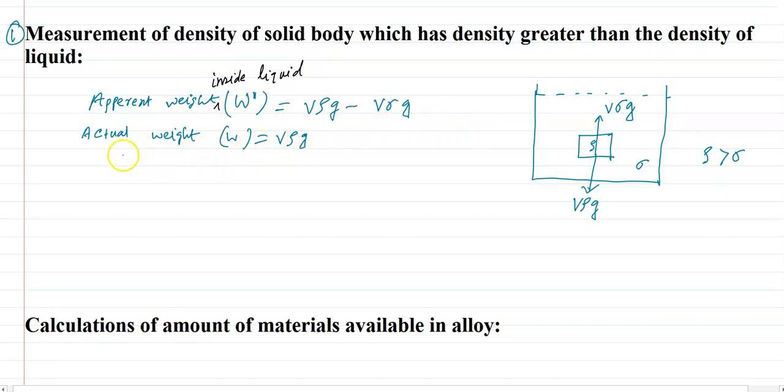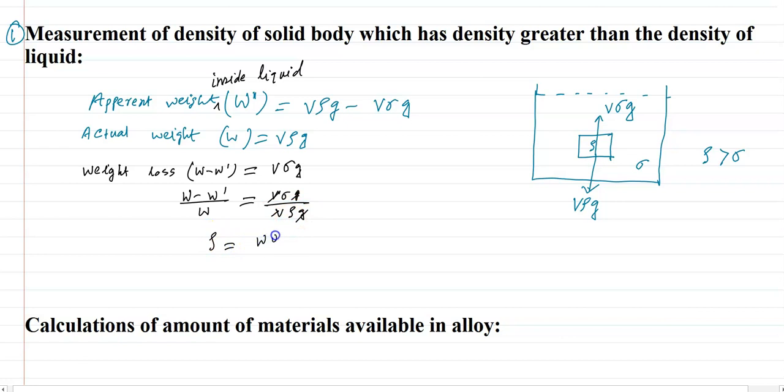And the actual weight W we can measure will be V rho g. The apparent weight is the weight inside the liquid, V rho g minus V sigma g, and the actual weight is V rho g. The weight loss, W minus W dash, equals only V sigma g. If I take (W minus W dash) by W, then it is V sigma g by V rho g. V and g will cancel, and rho will be W sigma by (W minus W dash).